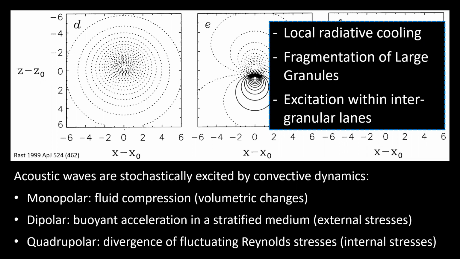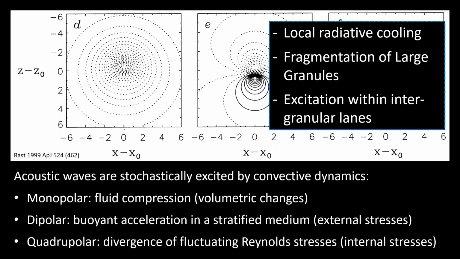Then you can have the fragmentation of a large granule, just like there can be ground breaking during an earthquake or something like that. Or you can have an excitation within the intergranular lanes. That means in two intergranular lanes, there can be vortices and they can hit each other, and then there is an excitation. So these can actually do quadrupolar excitations, right? They are much more violent.